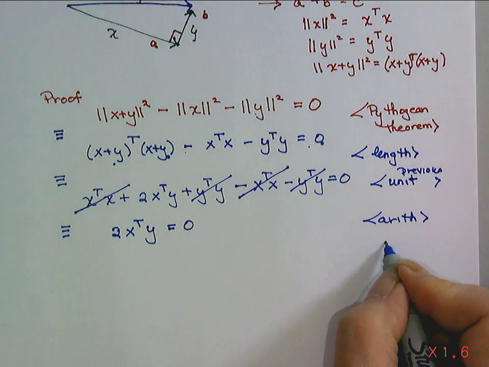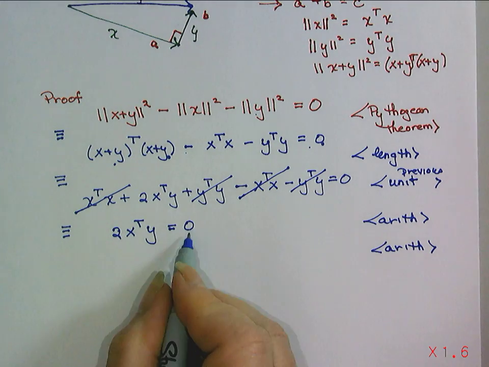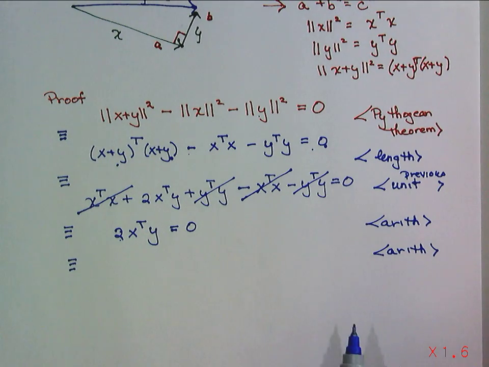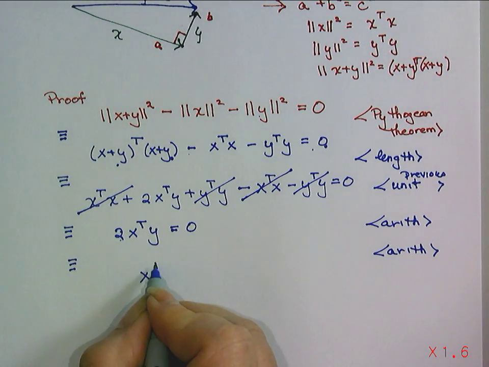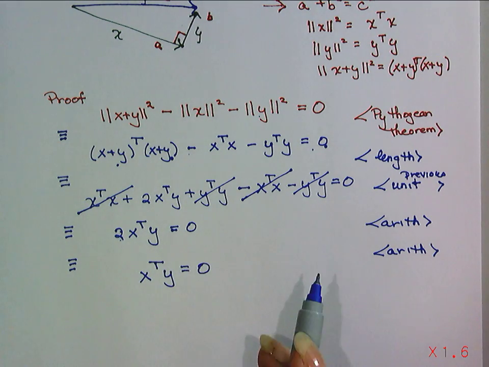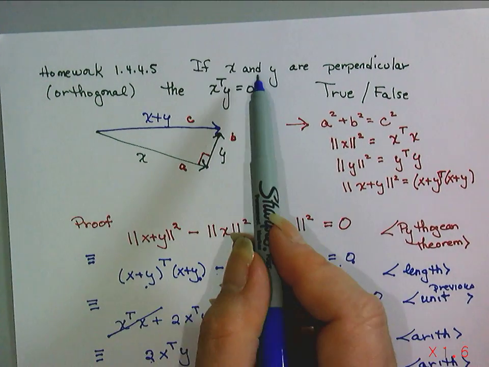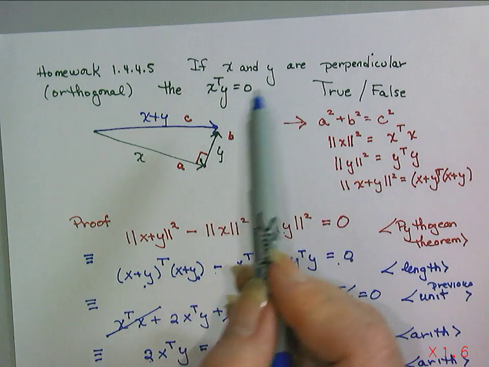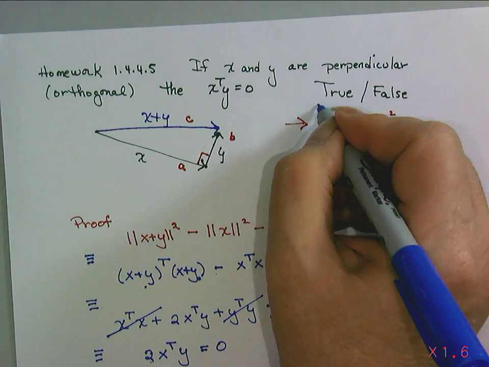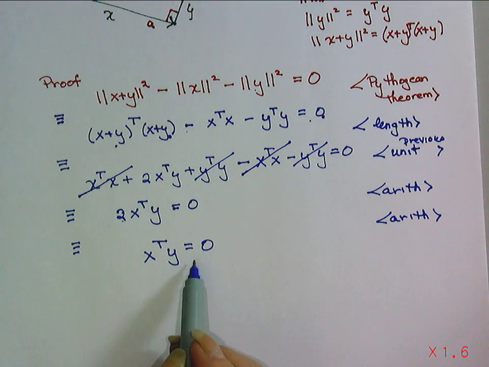But again, doing some arithmetic, we can divide both sides of the equation by 2, and the result will be that the dot product of x with y must be 0. So we've shown that if x and y are perpendicular, that means they form a right angle, it is going to be true that x transpose y is equal to 0.